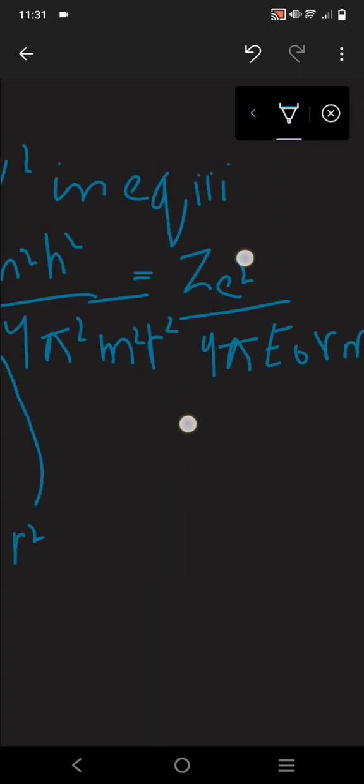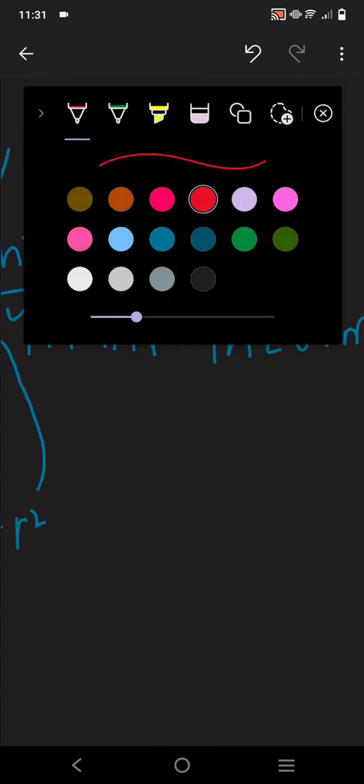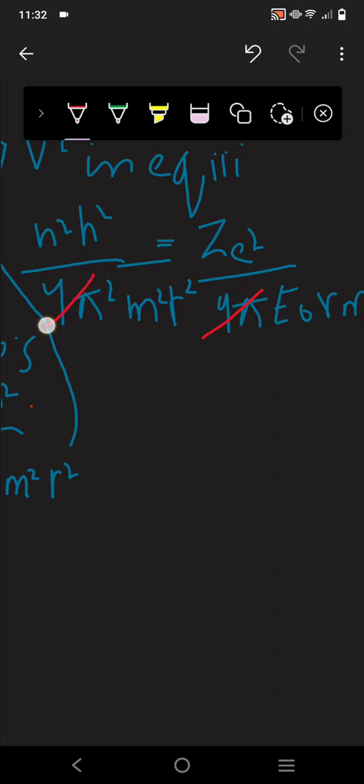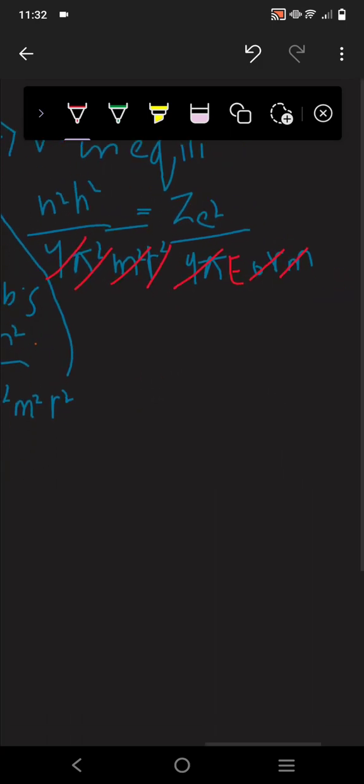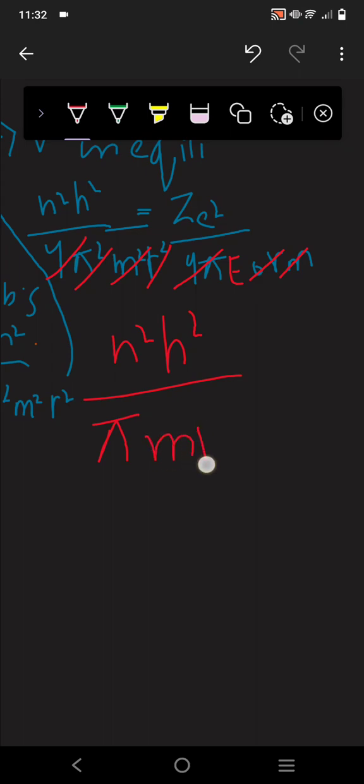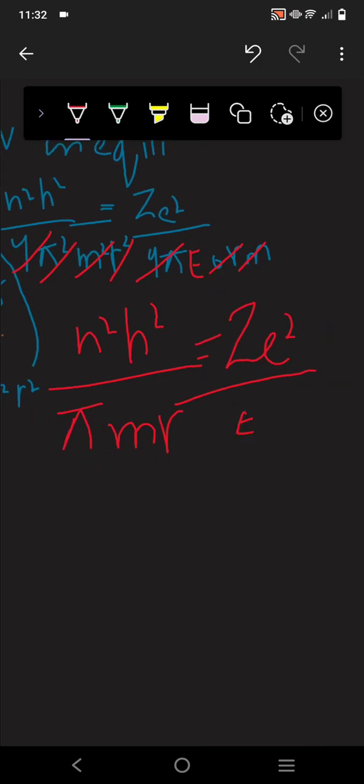Let's just cut the values. 4 pi, sorry, epsilon naught won't cancel. It would be epsilon naught and m r. So what we have remaining: n square, h square, one pi is remaining, m r, z square, and we have epsilon naught.